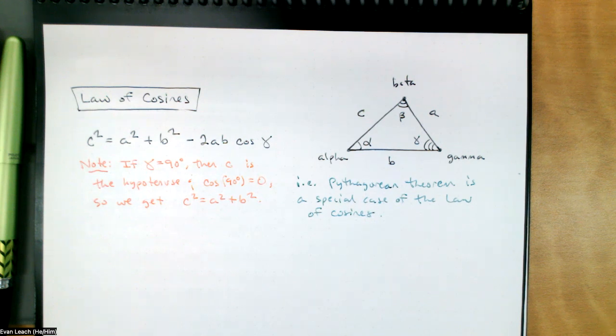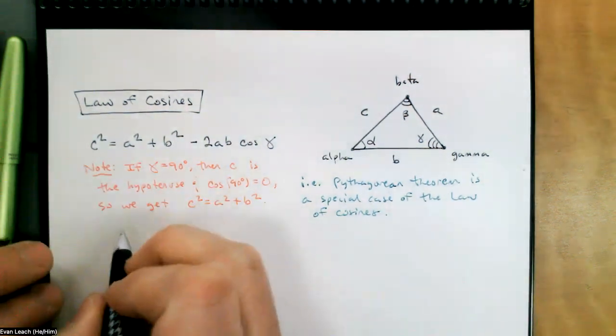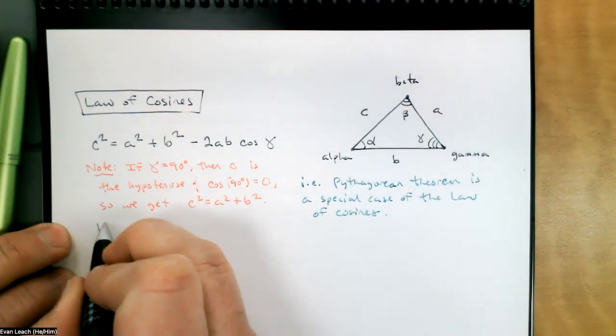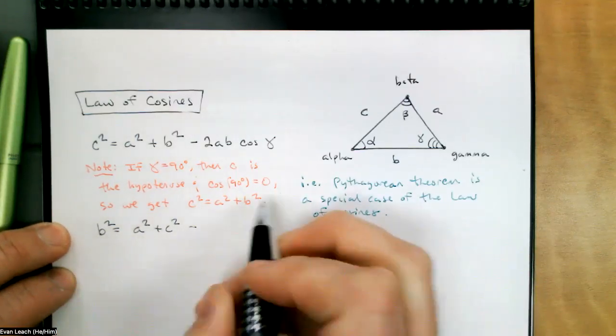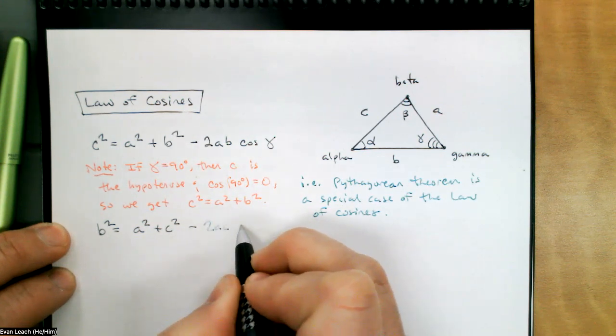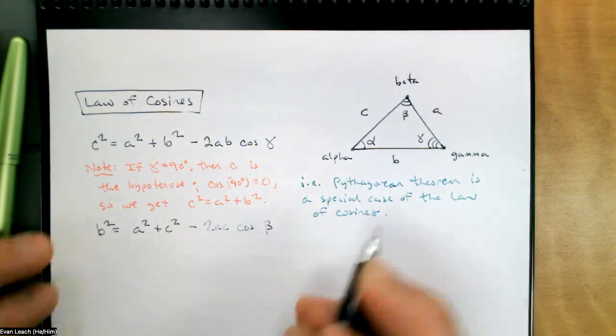Now, this particular version only uses the gamma. What about the alpha and the beta? Well, we have multiple versions of the law of cosines, three in fact. This is the C and gamma version of the law of cosines. But there's one where we just shift everything over. There's also a law of cosines where B squared is A squared plus C squared minus 2AC times the cosine of beta.